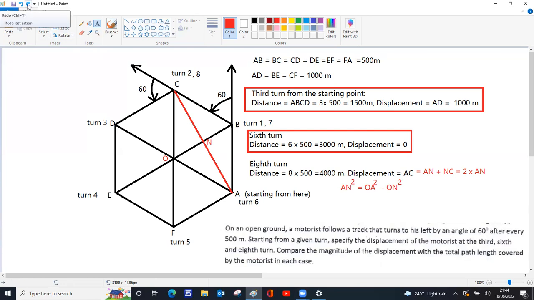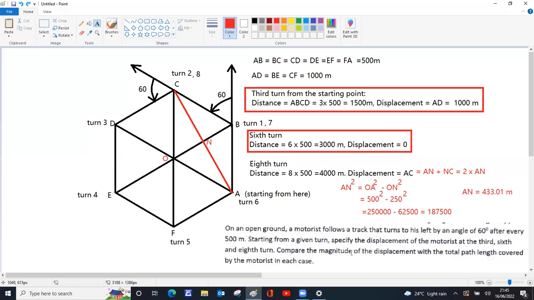So AN square will be equal to 500 square minus 250 square, which is 250000 minus 62500, which is 187500. That's AN square. AN will be the root of that, root of 187500, which will be 433.0. That's the displacement. Distance is 4000 meters.